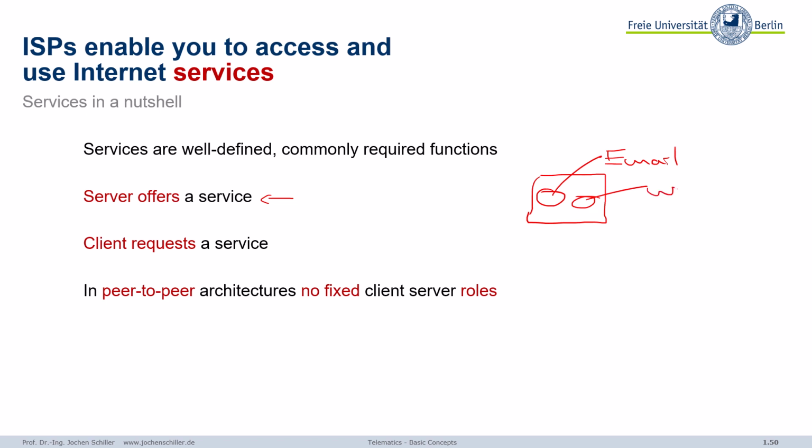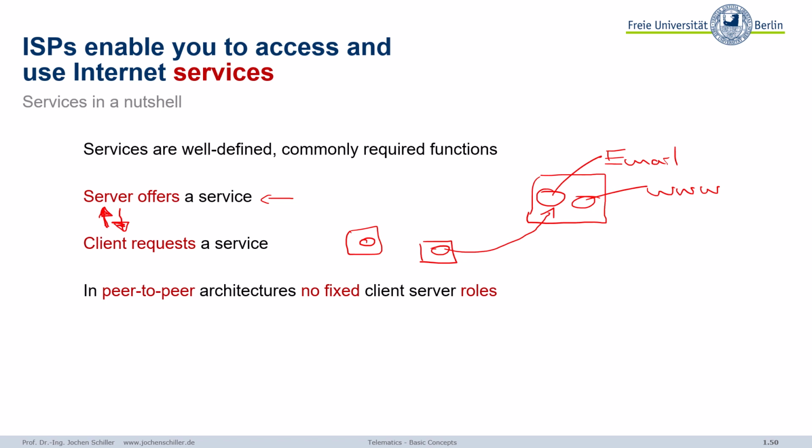I'm responsible for some web service, whatever. And then we have clients, also many machines with their processes, and they want to access a service. So the classical model is the client-server model. Clients ask for a service at a server, and the servers answer, they offer this service. So client-server, that's the classical paradigm.